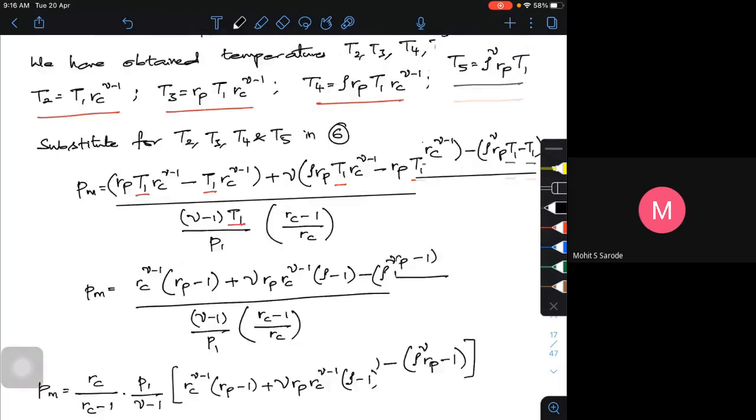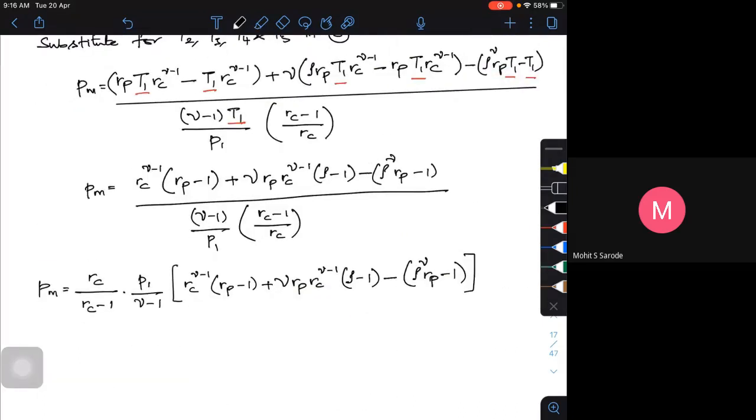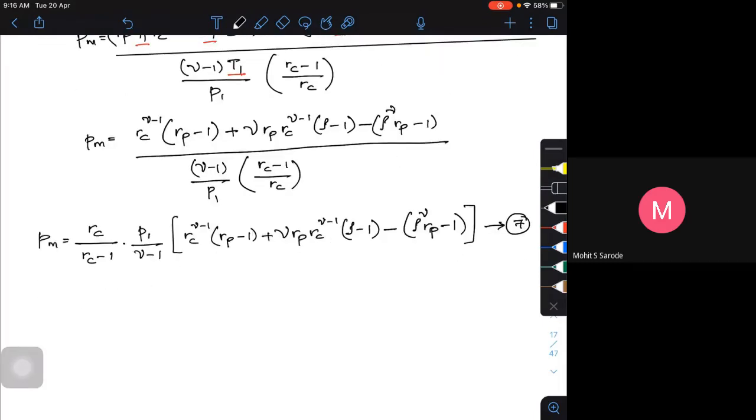So let me call this equation number 7. This is the final expression for your mean effective pressure for a dual combustion cycle.